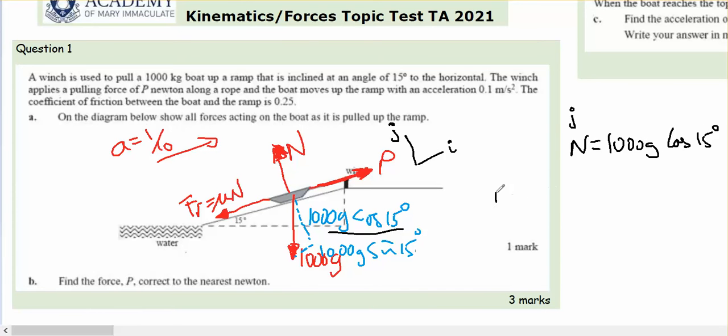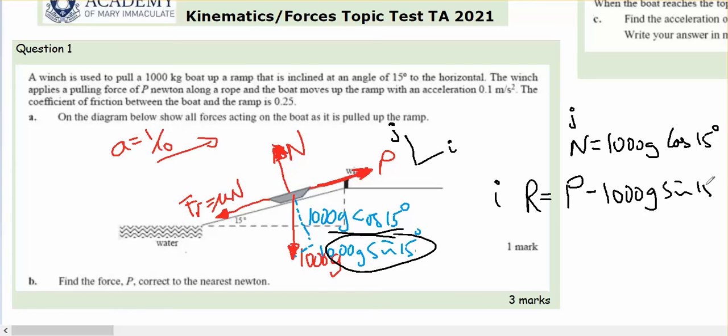In the I, any resultant force in the direction of motion will equal any forces in the direction of motion, which is P, minus any forces in the opposite direction of motion, which is 1,000 G sine of 15, and also mu, which is 0.25, times N.